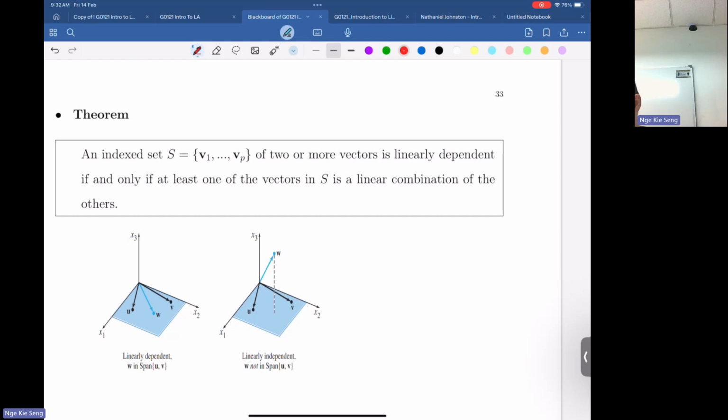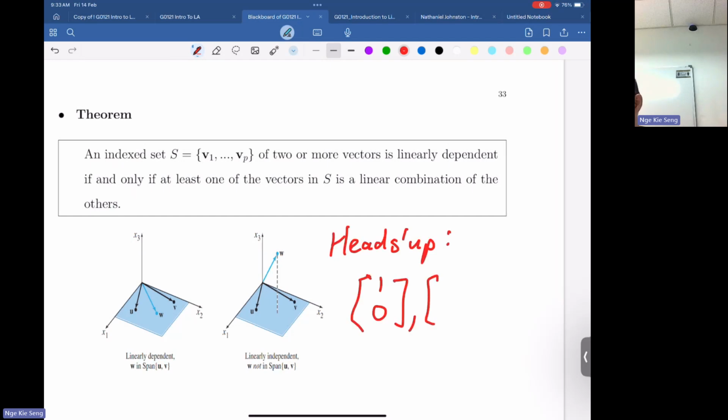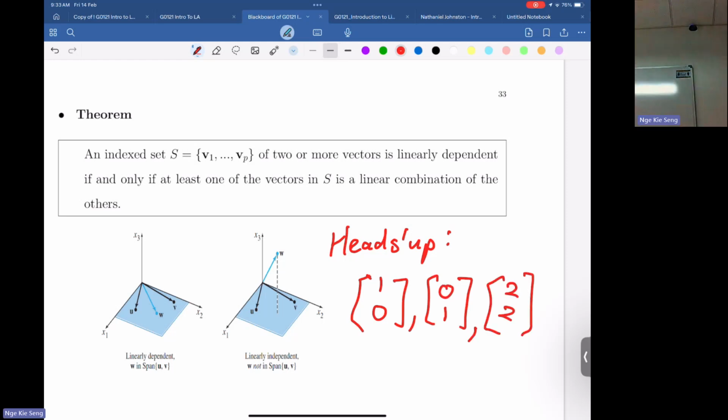Maybe just now we showed that (1, 0) and (0, 1) are linearly independent. But if we add, like what our friend says here, (2, 2), we will see that the set actually becomes linearly dependent. Although these two don't have any linear dependent relation, because we already showed there's no coefficient such that you multiply (1, 0) and (0, 1) and add up to (0, 0).